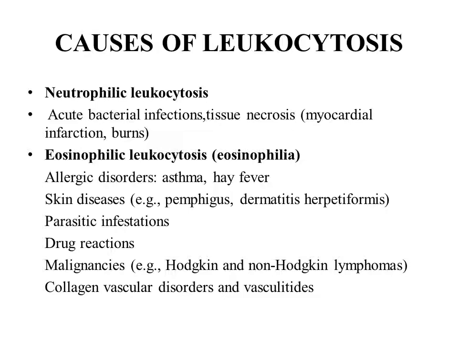There may be some drug reactions. In malignancies, Hodgkin and non-Hodgkin lymphoma, we can see a raised number of eosinophils, also collagen vascular disorders and vasculitis. So these are the main reasons for a rise in eosinophil count.